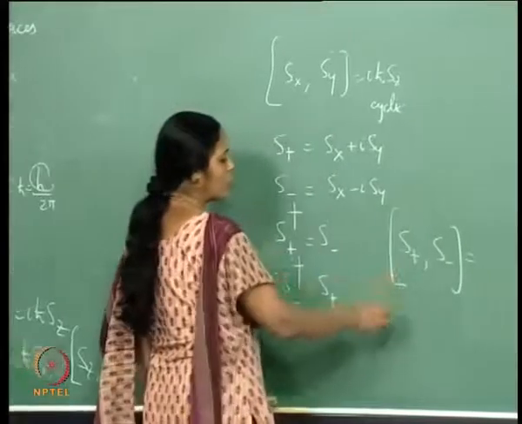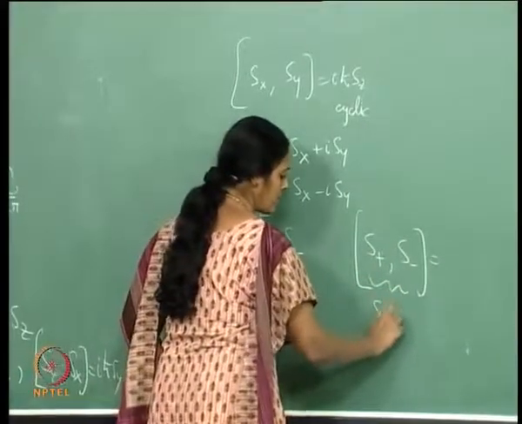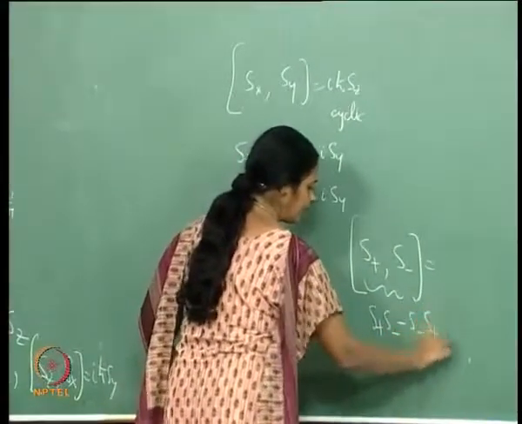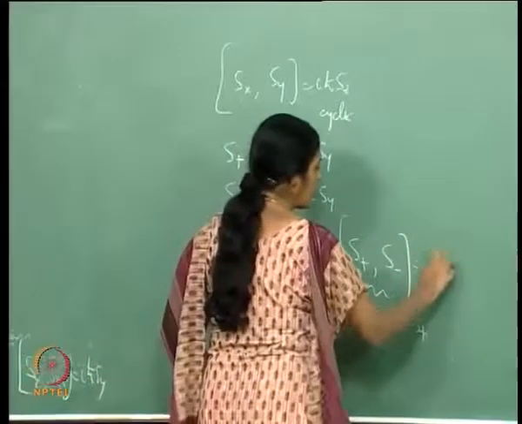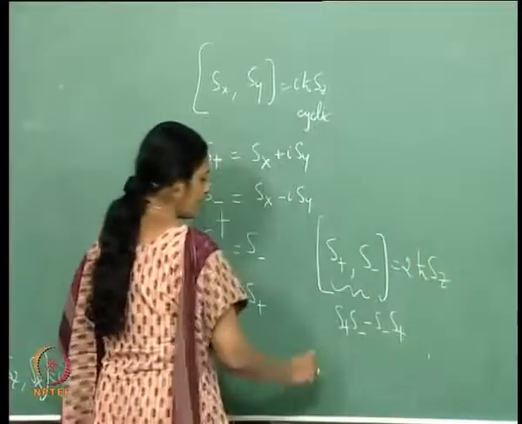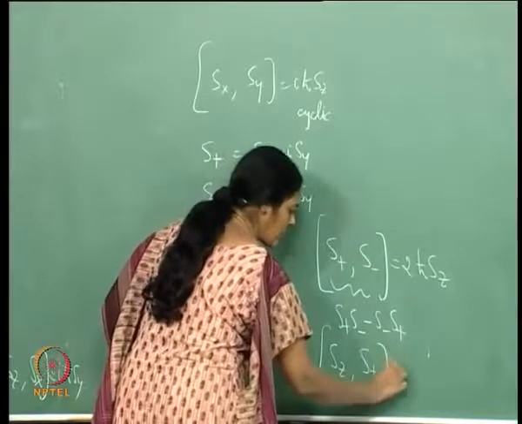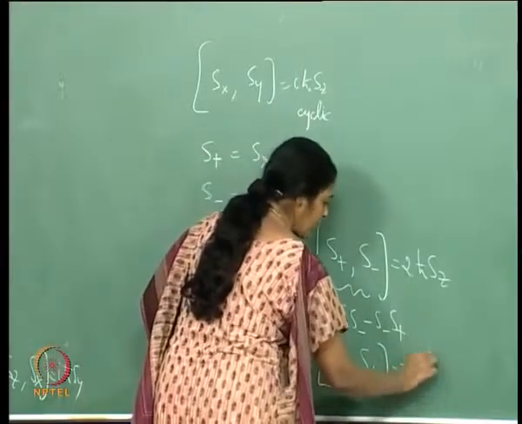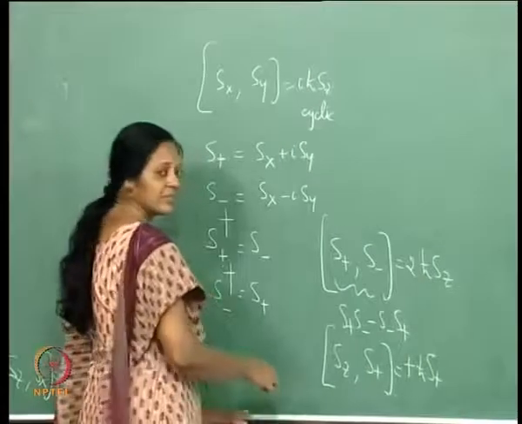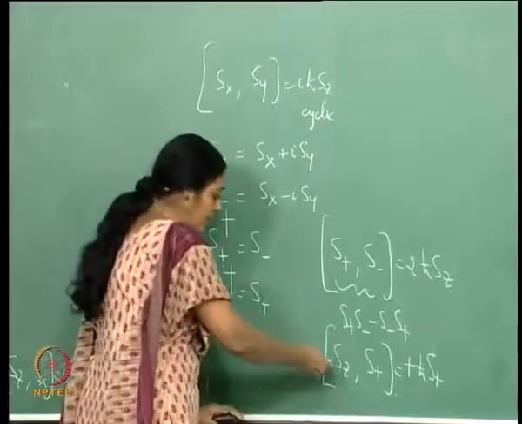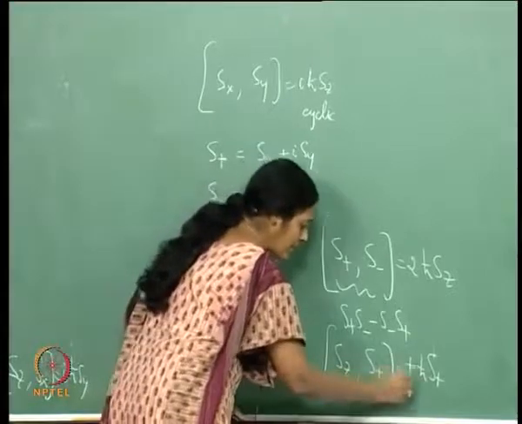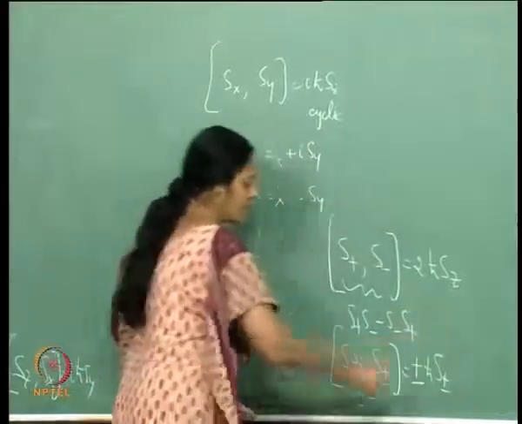The commutator of S plus with S minus will be 2 h cross Sz, and the commutator of Sz with S plus is plus h cross S plus.